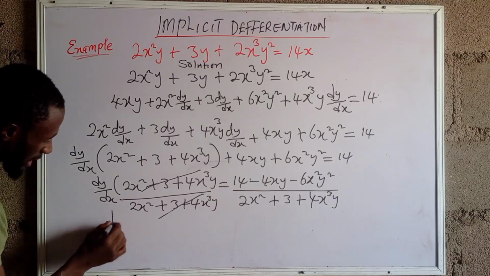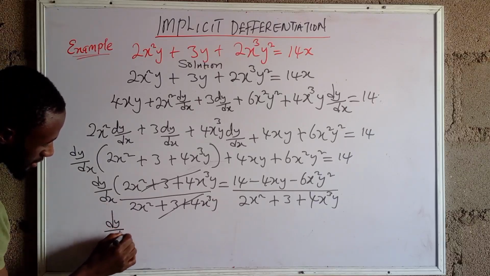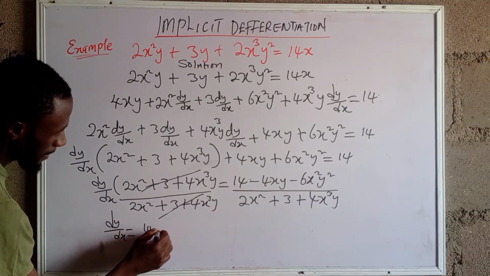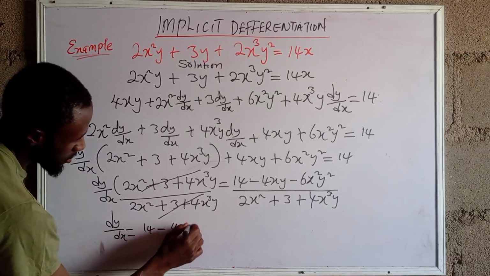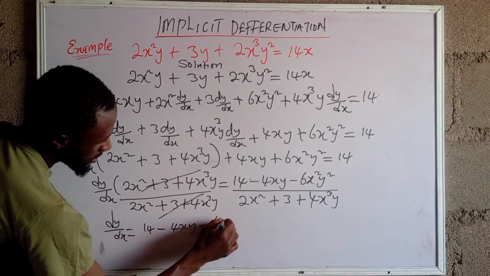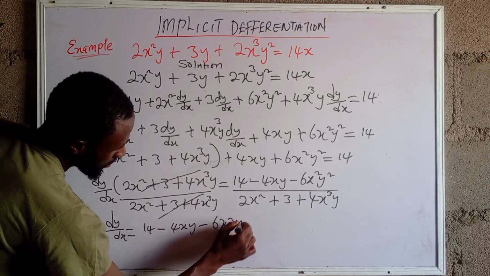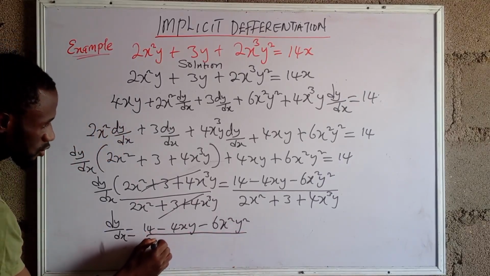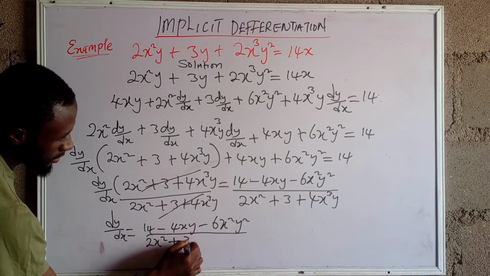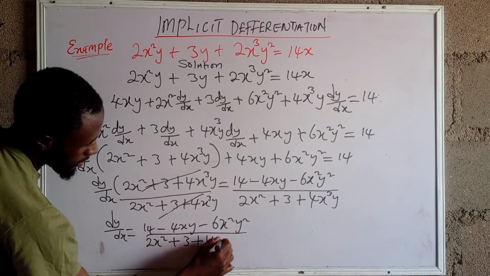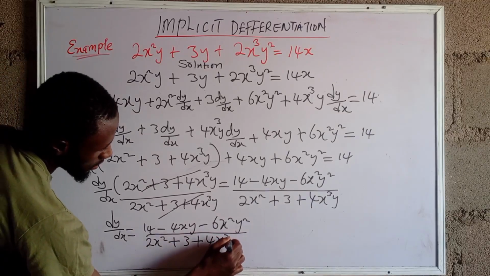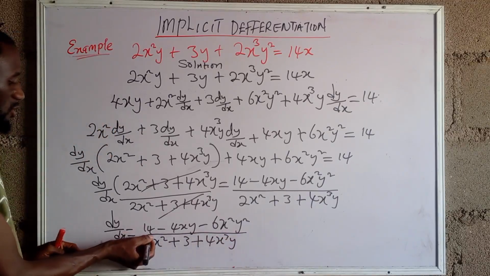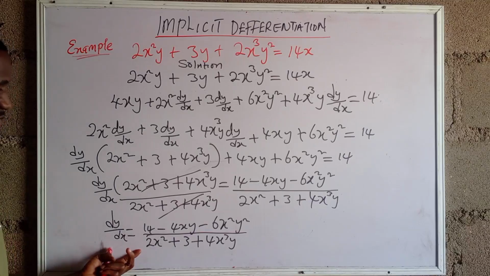Then remain dy/dx equals 14 minus 4xy minus 6x squared y squared, all over 2x squared plus 3 plus 4x cubed y. If you wish, you can factorize the numerator and leave the denominator.